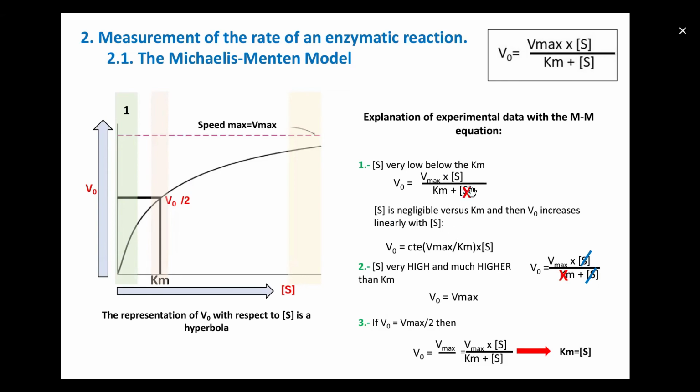So if the substrate is neglected here, then V naught is going to be Vmax over Km times substrate concentration.